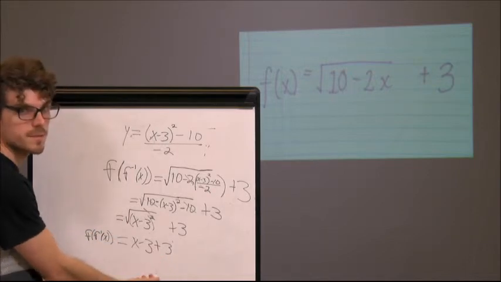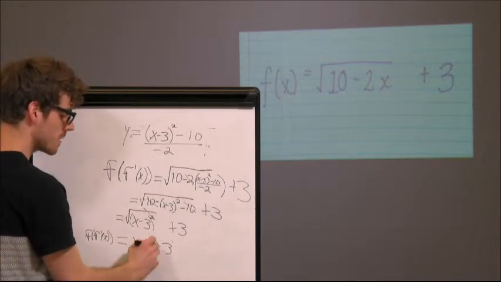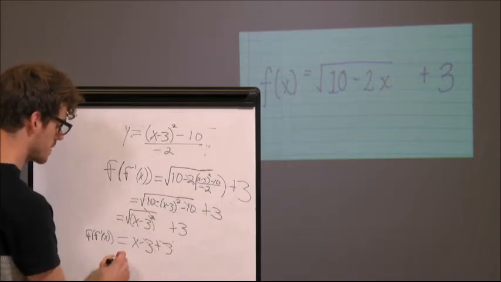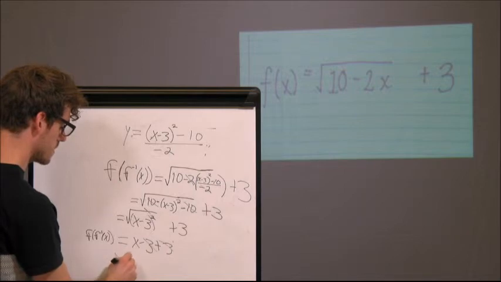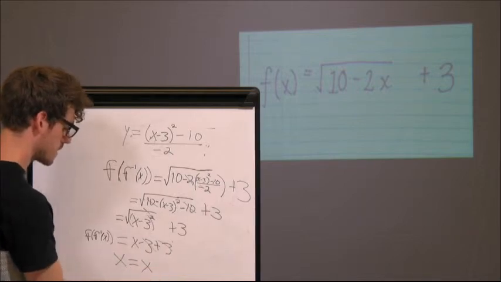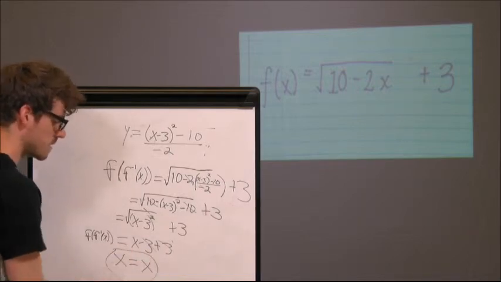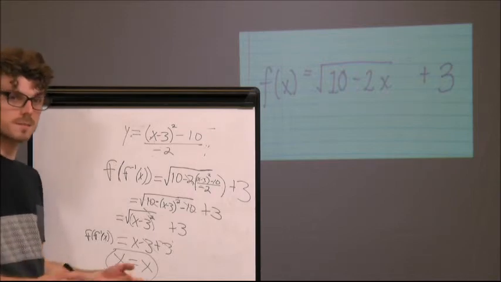Again, there's a 3 and 3 that we can cancel out, leaving us with x equals x. And this right here is what signifies that it actually is an inverse function.